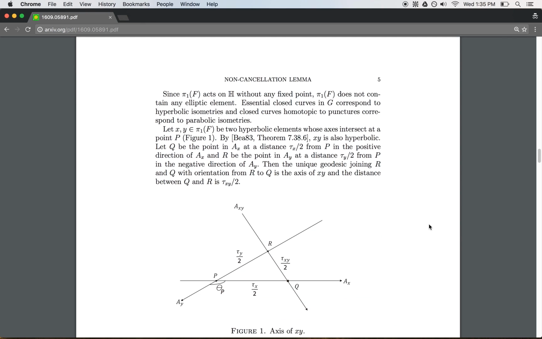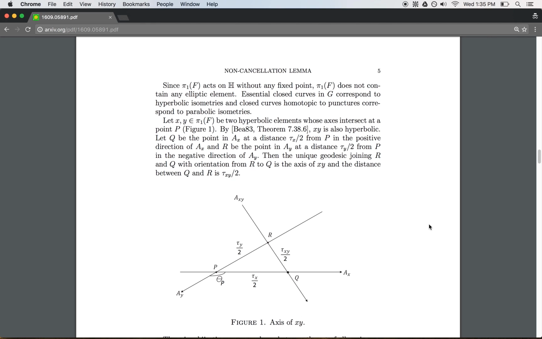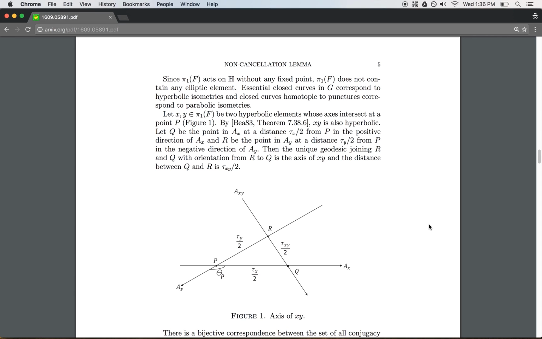Let X and Y, which are elements of pi_1(F), be 2 hyperbolic elements whose axes intersect at a point P, figure 1. By a paper published in 83, theorem 7.38.6, XY is also hyperbolic.